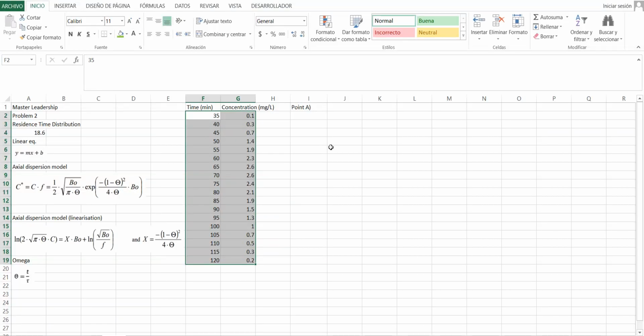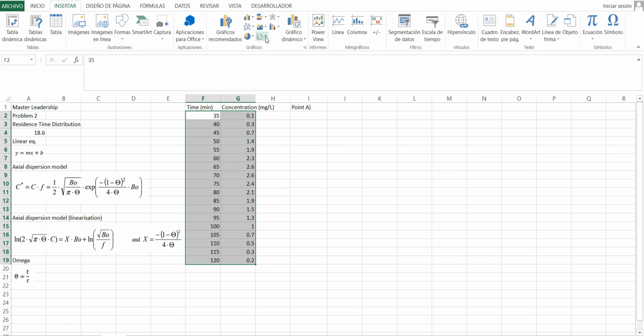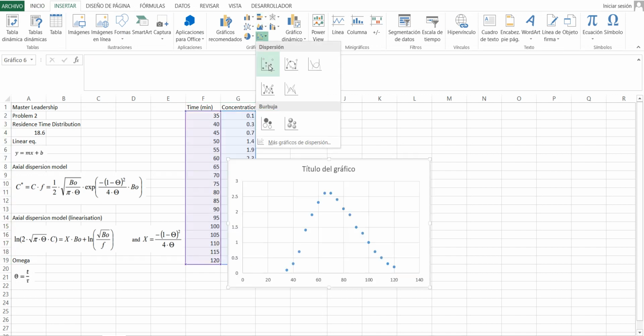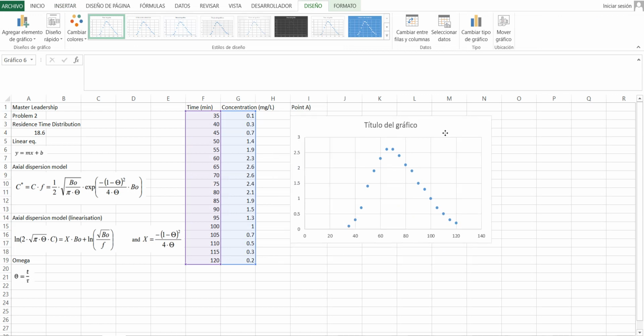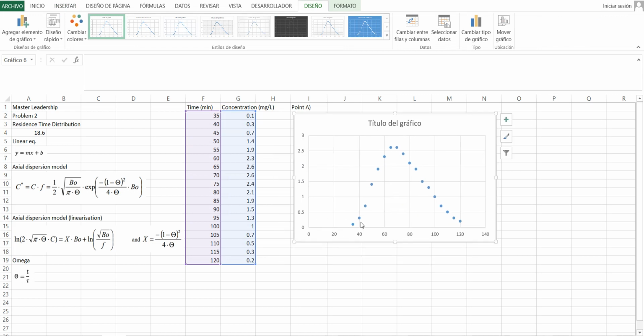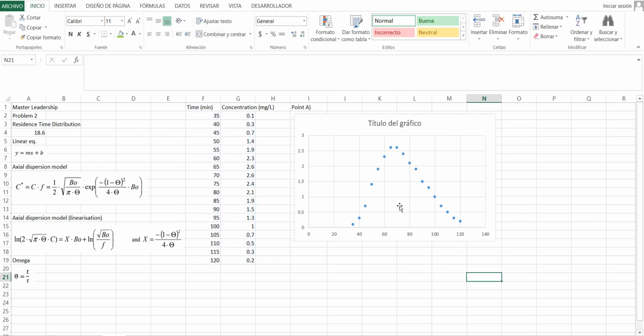Point A is fairly simple. The breakthrough curve is just time plotted against concentration values. As expected, we have something that resembles a normal function, and the average residence time is around 70, but that's just a rough calculation.